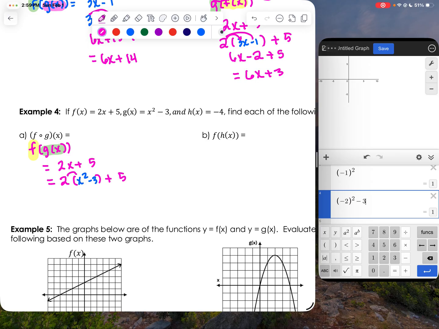All right, so 2 times x squared is 2x squared. 2 times negative 3 is negative 6, and then plus 5. So 2x squared, and then negative 6 plus 5 would be negative 1. So f of g of x is equal to 2x squared minus 1.